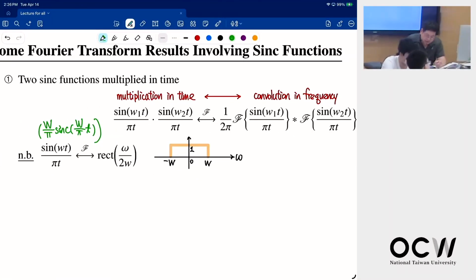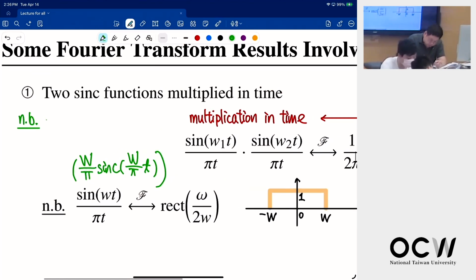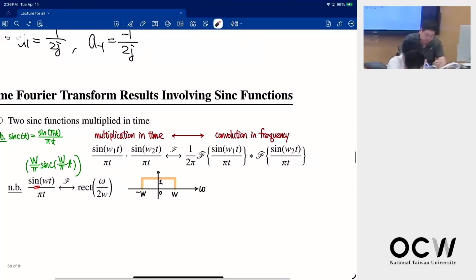Because we say that the sinc function, here's a note. With a sinc function, that means sine pi t divided by pi t. But now I have sine W t divided by pi t.